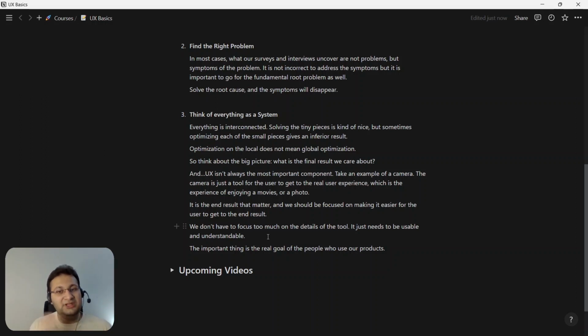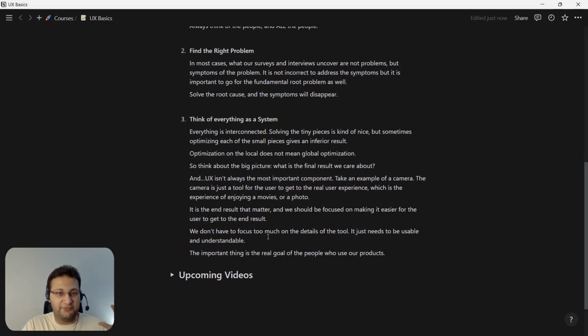And the only way we can build with this holistic mindset and holistic lens is if we think of building everything as a system. The core user experience that the user cares about needs to be at the center of that system, and then you need to build all around it in a manner that makes it easier for the user to get to that core central user experience.